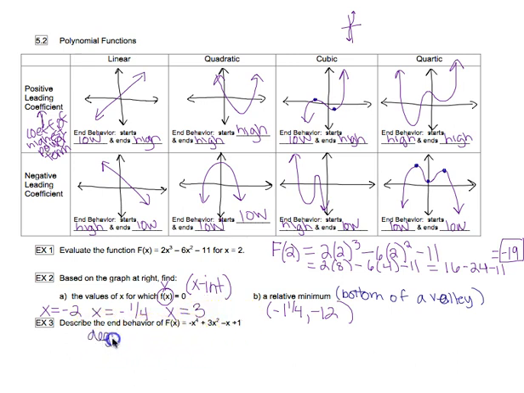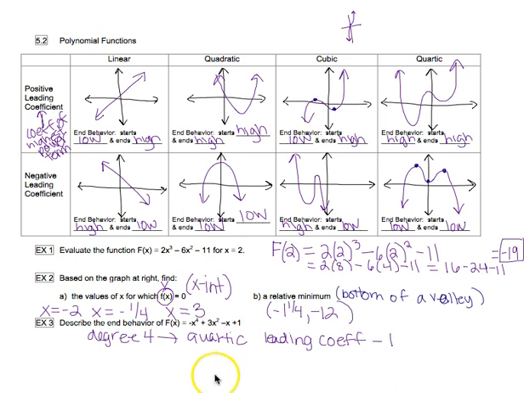So because it's degree 4, that means it's quartic. And the leading coefficient is the coefficient that goes with the highest exponent, so the degree 4. The coefficient there is negative 1.